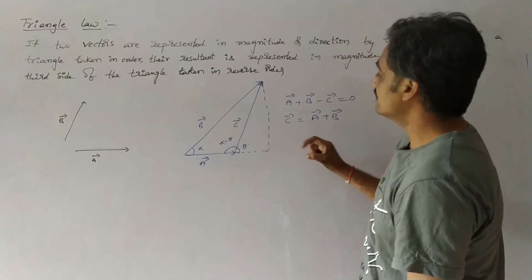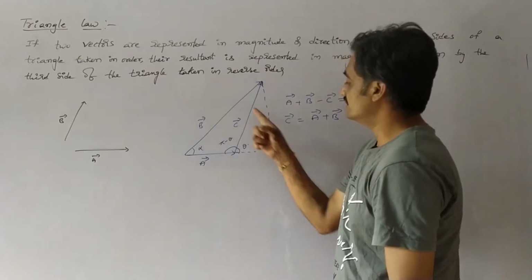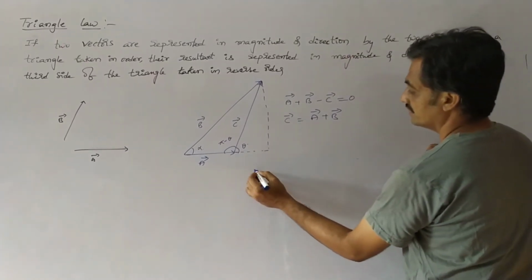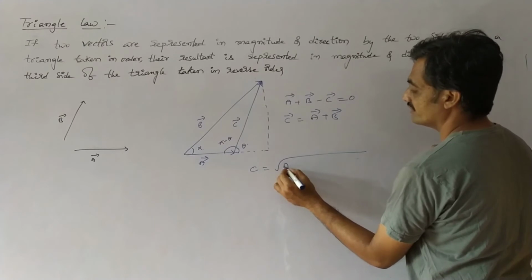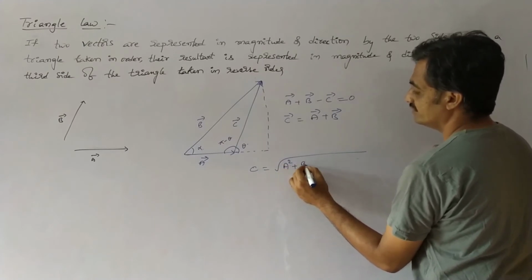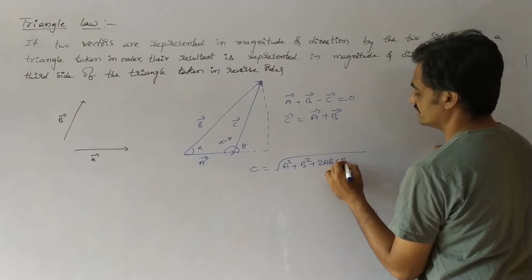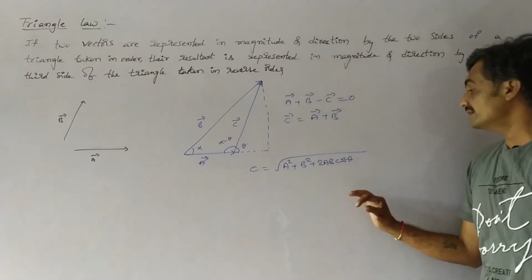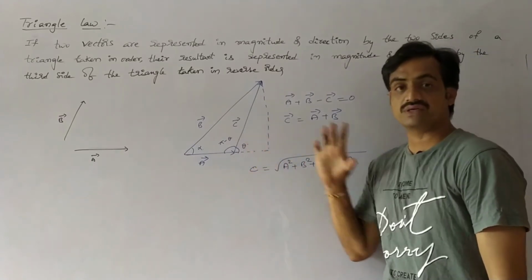So now the resultant vector C bar is given based on this. The magnitude C equals under root of A square plus B square plus 2AB cos theta. It represents the resultant magnitude based on the angle theta between the two vectors.